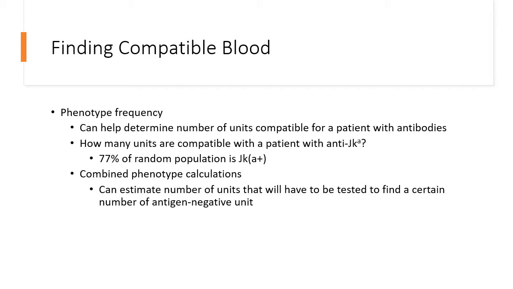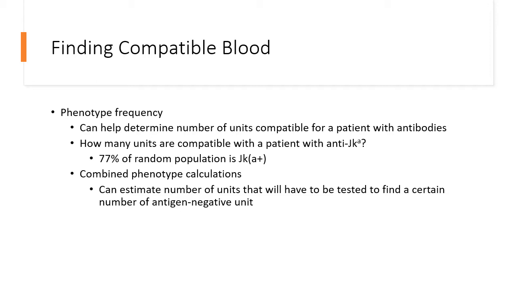So 7.7 out of 10, right? Because you translate it. So if I screen 10 units of blood, I should be able to find compatible units for a patient who has anti-JKA. The question then becomes, how many units do you need and how many other antibodies do they have? So we'll get into figuring that out.